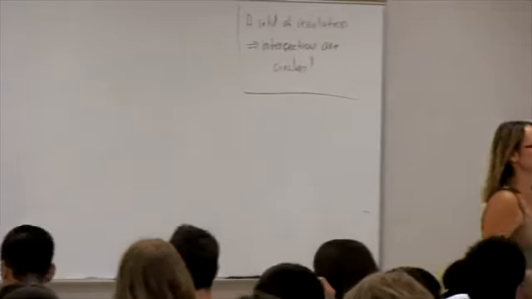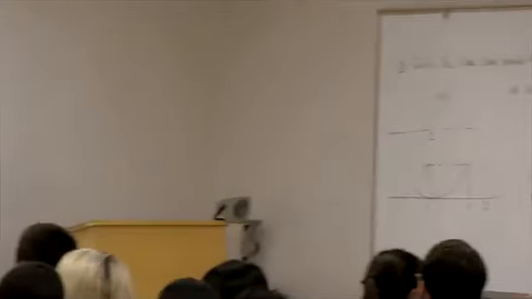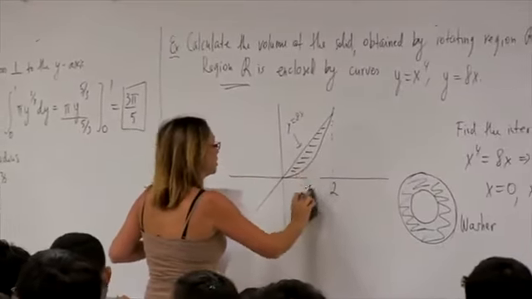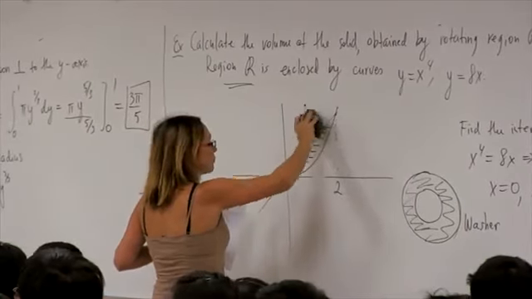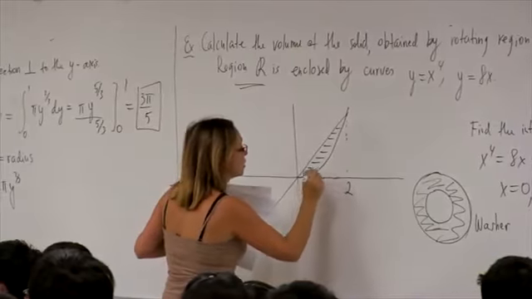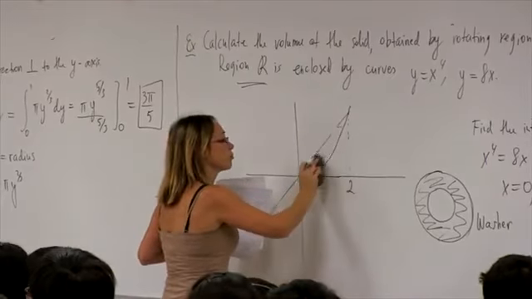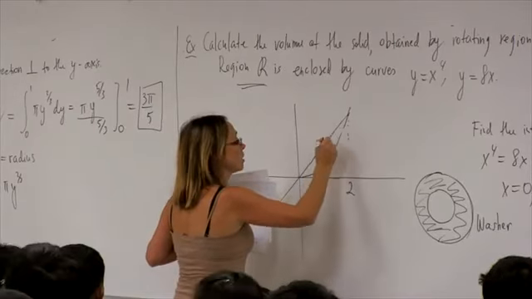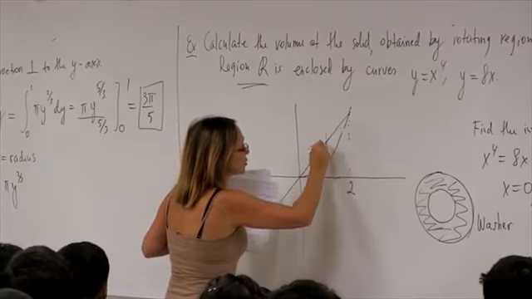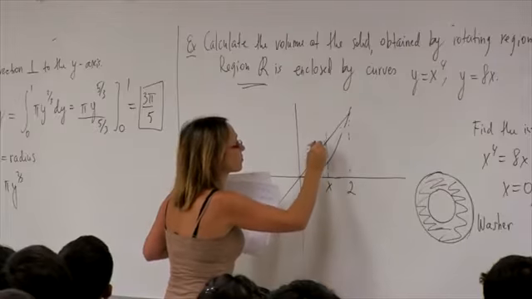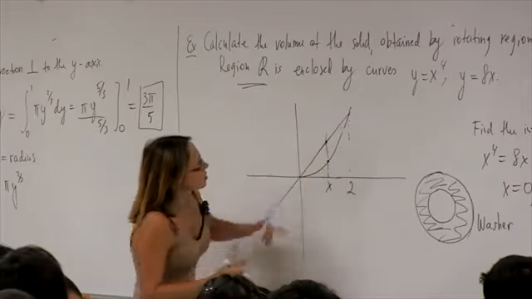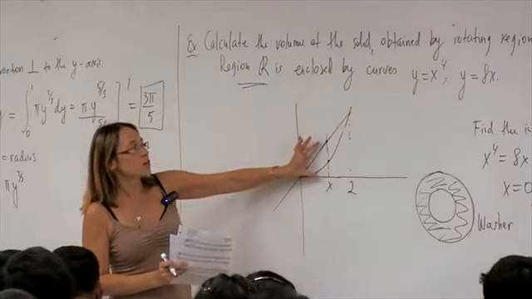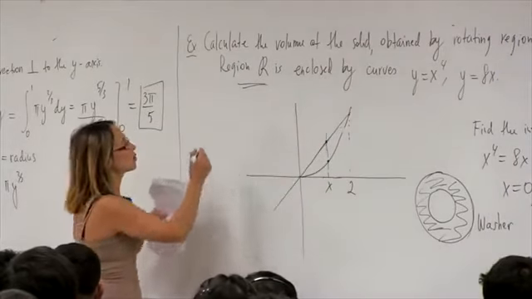Perhaps I'll go back to here and mark it here. So let's suppose I'm making my cross section here. This is x. So I have to go from the center. What is the radius of the outer circle?